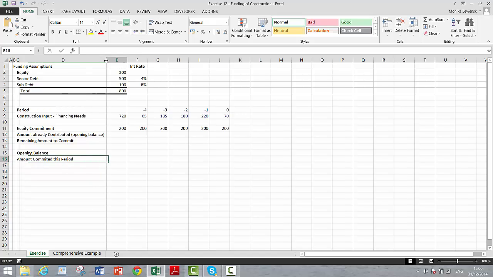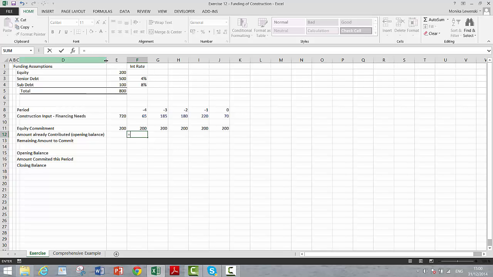Okay, and that's going to be either 65 or how much we have left over down here. And then we put a closing balance, which just keeps track of it. Now this opening balance is just a way to say how much we've already committed. That's just up here.